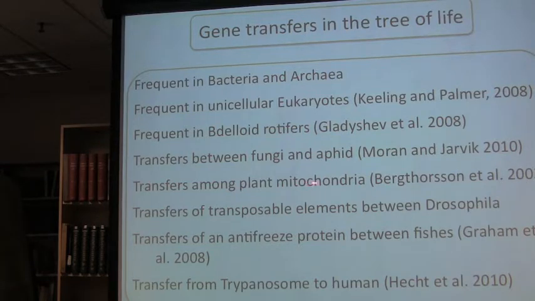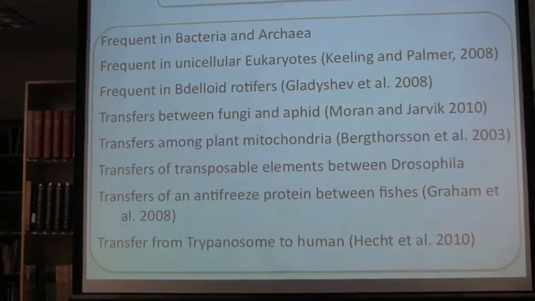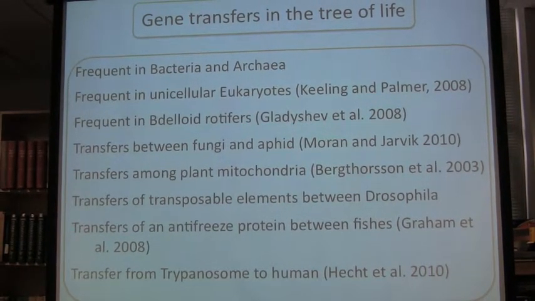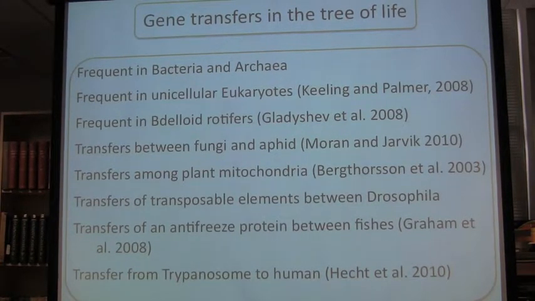Transfers among plant mitochondria are pretty common. There have also been documented cases of transfers of transposable elements between different Drosophila species. And recently, there have been reports of a transfer of an antifreeze protein between fishes. And those fishes were something like more than 100 million years apart from each other, so it's quite an amazing transfer there.